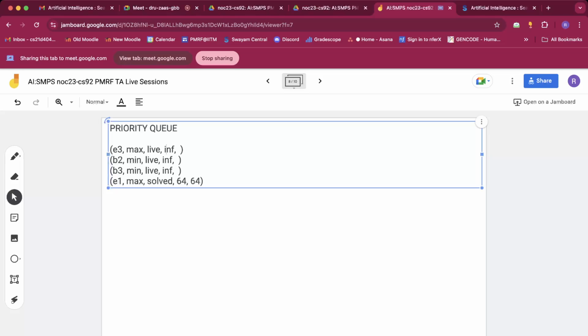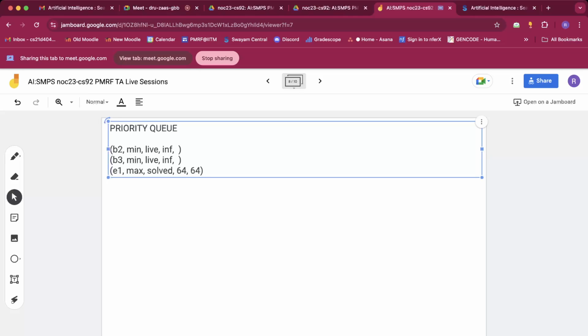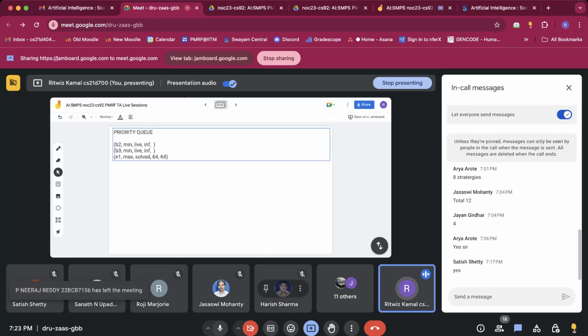It will be a live node with bound infinity and value of 69. Again, this is also a solved node. It already has its value. So we will change the status to solved, change the bound to 69, and we will add it to the queue. But can anyone tell me where it will be added? After E1 or before E1?